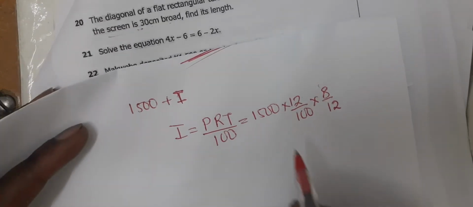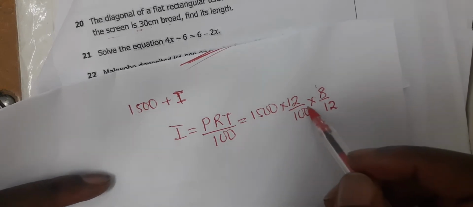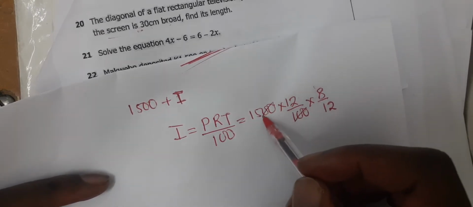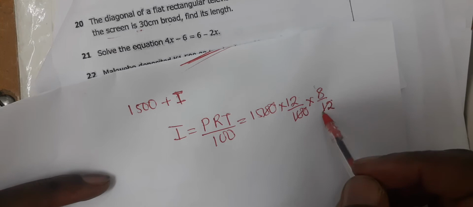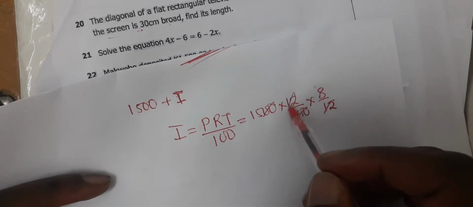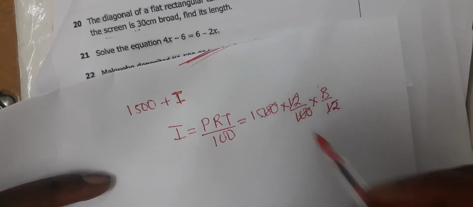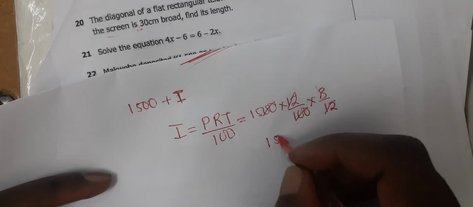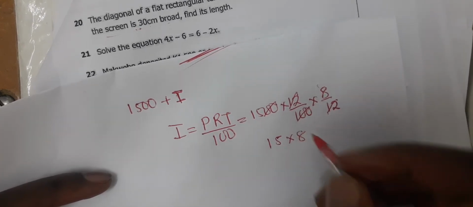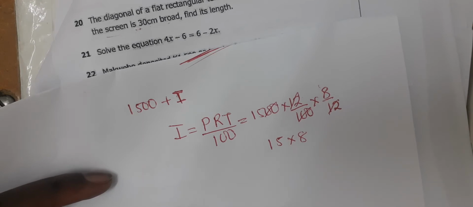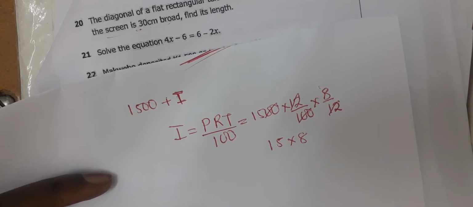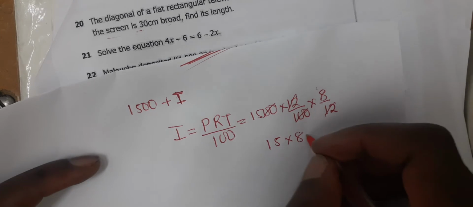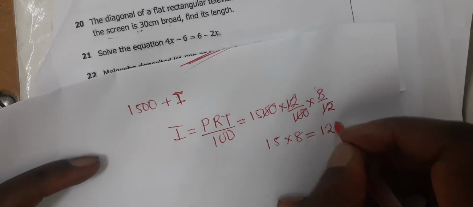Then we can simplify this one. These zeros we cancel, and cancel these zeros. 12 we cancel, or we also cancel this one. We're just dividing. So what are we remaining with? We're remaining with 15 multiplied by 8. Let's multiply. This is going to give us 120.